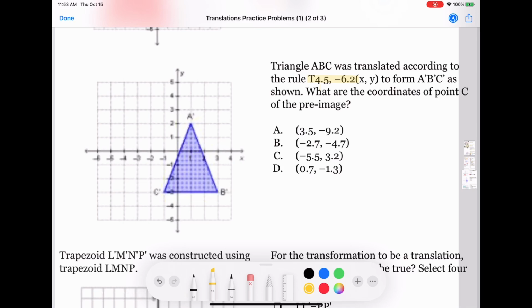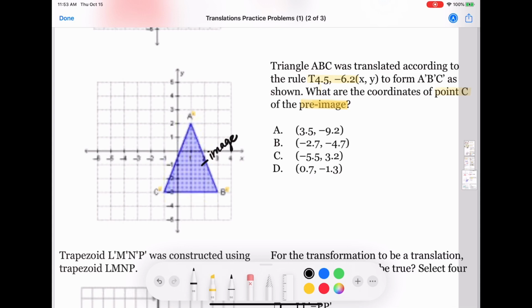What are the coordinates of point C of the pre-image? Here we can tell that we have actually been given our image and not our pre-image, and we are being asked to find the pre-image coordinates of point C rather than the image coordinates of point C.